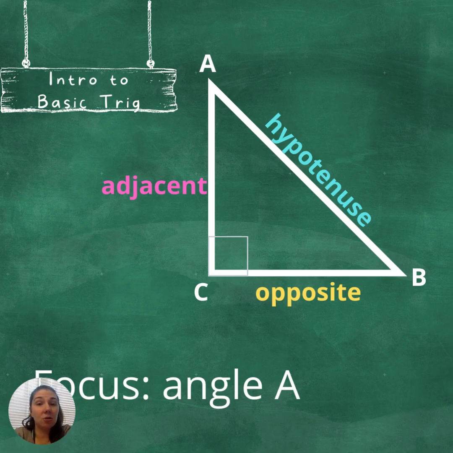In this picture, side AB will always be the hypotenuse, but your opposite side now changes to CB because your focus is A. Your adjacent side would be AC. So again, think opposite is across from the angle and adjacent is next to the angle. And opposite and adjacent will never, ever be the hypotenuse. They'll always be the legs of the right triangle.